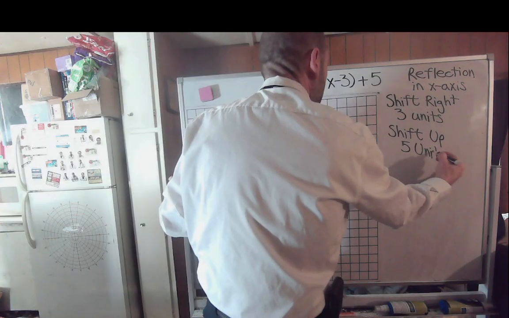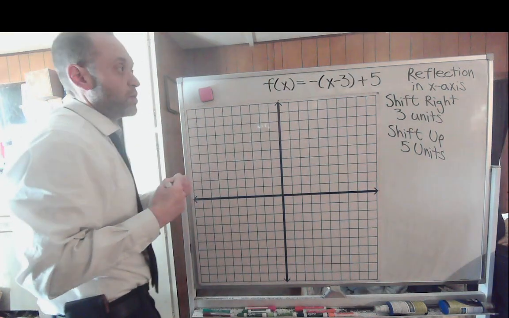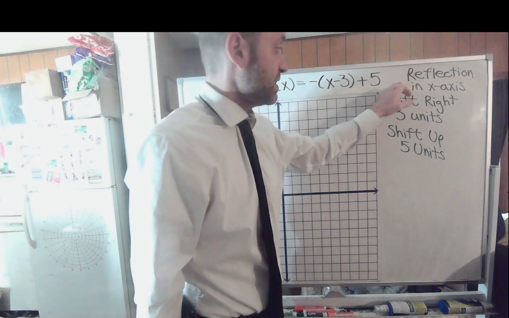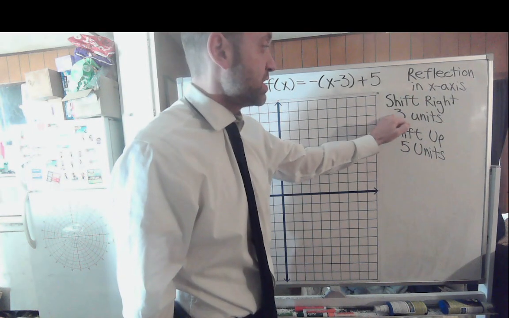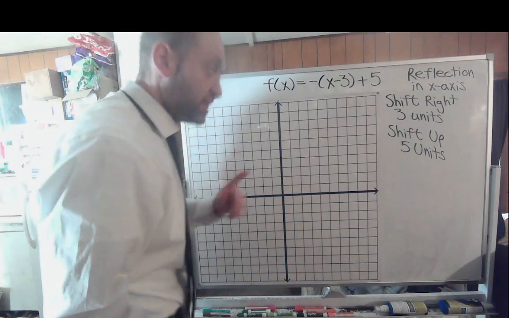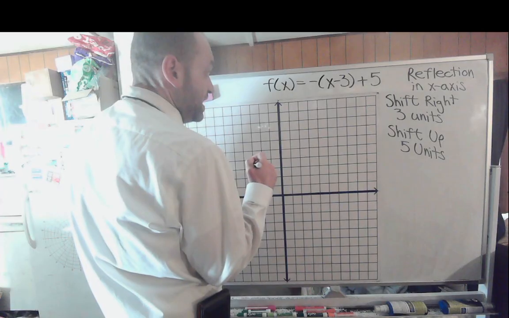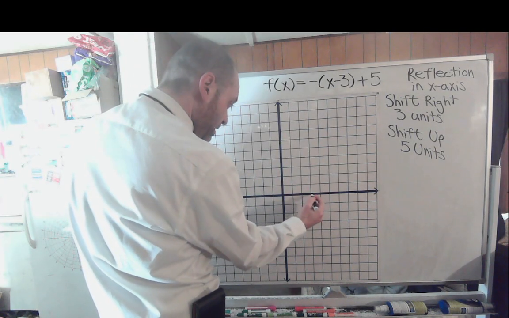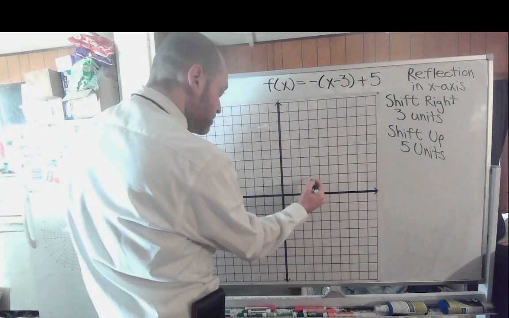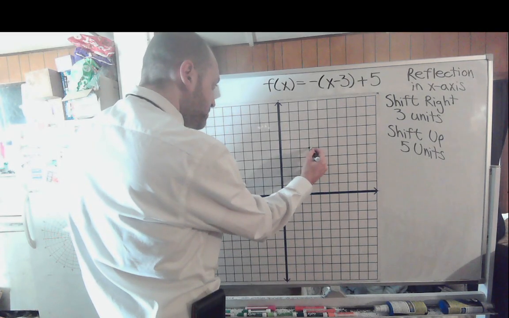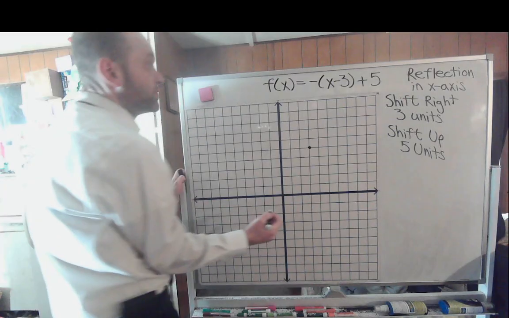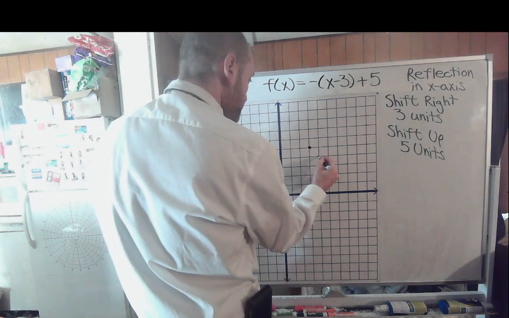So we know we are taking the graph of f of x, we're reflecting it in the x-axis, we're shifting it right 3 units, we're shifting it up 5 units. So let's see what the heck that actually looks like. So let's see, at x equals 3, you would get a y value of 5. X equals 4, you would get a y value of 4.